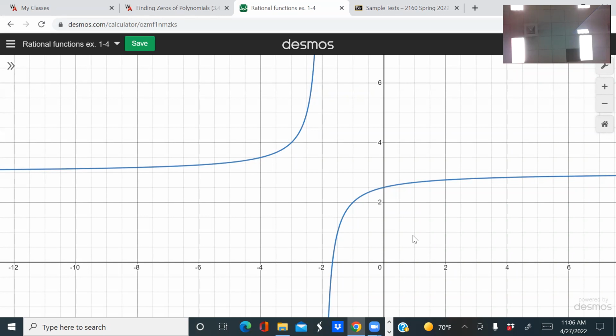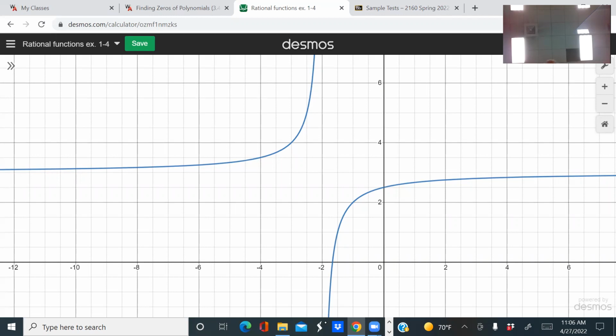So the graph does not cross over that vertical line at x equals -2. Since it cannot cross over -2, notice that it veers off. On the left-hand side, the y values start going up to positive infinity, and on the right-hand side, the y values start falling off to negative infinity. The curve can get really close to this vertical line, but it can't ever touch it, because x equals -2 is not in the domain.